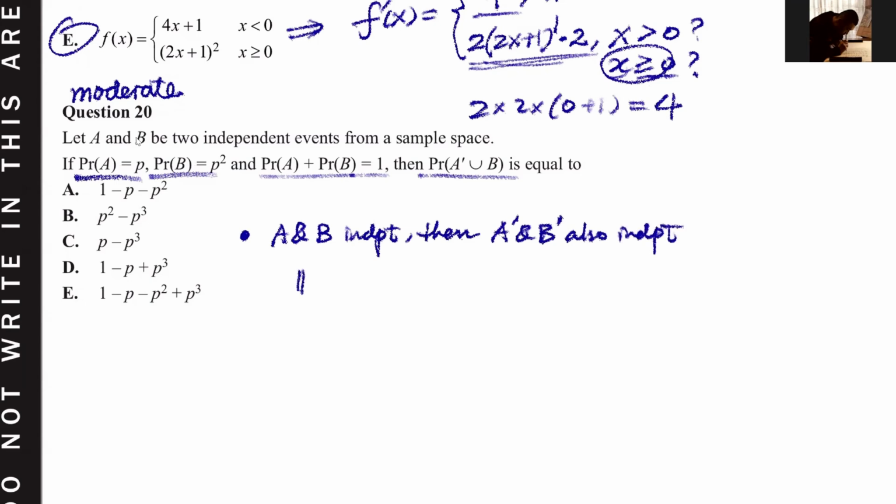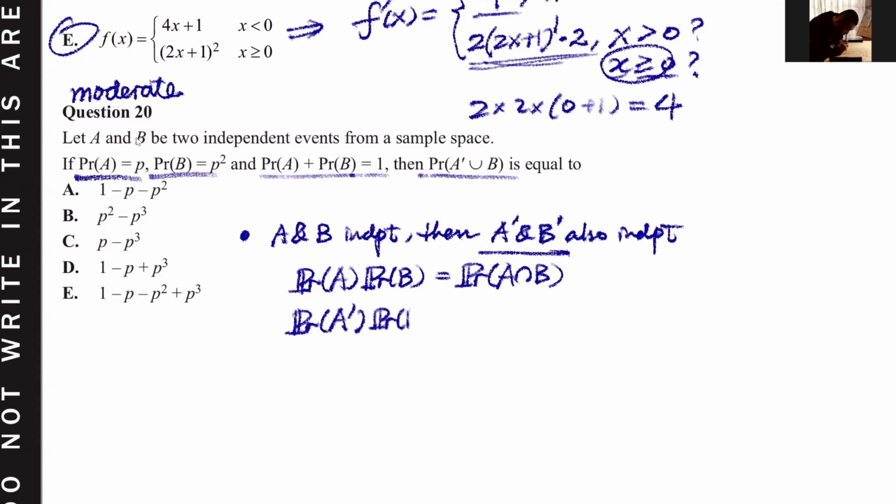For example, we know probability A times probability B equals to probability A intersecting B. And we could also say probability A dash times probability B dash equals to probability A dash intersecting B dash. That's what I'm referring to.